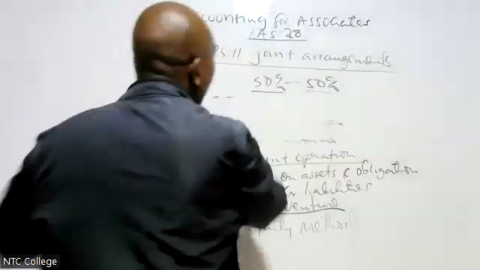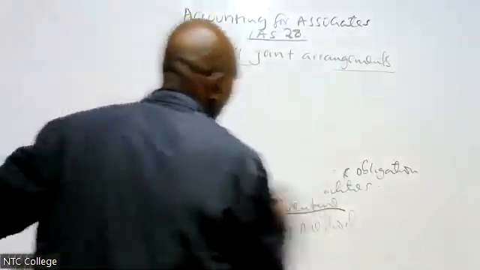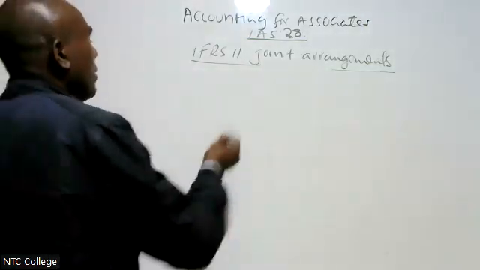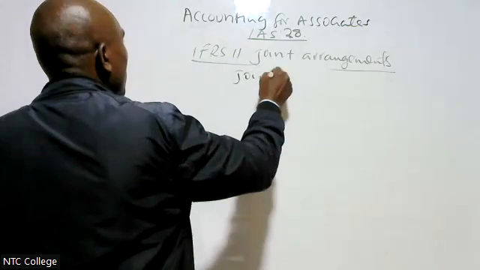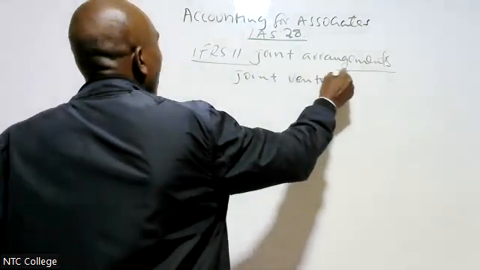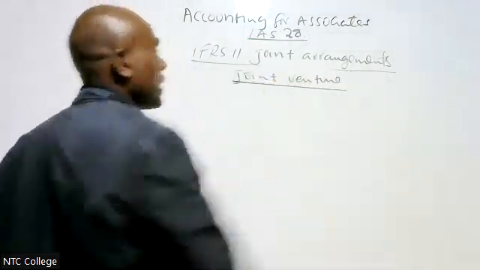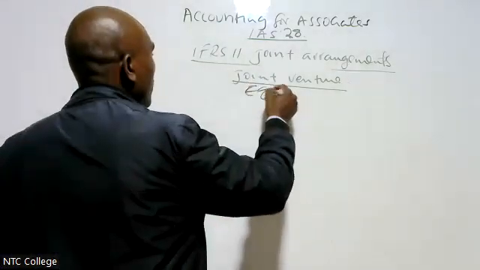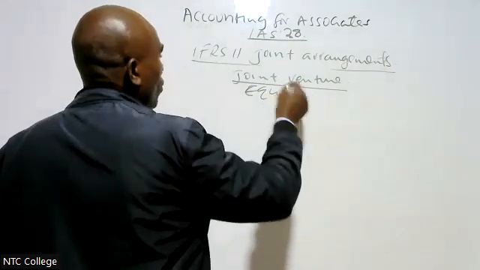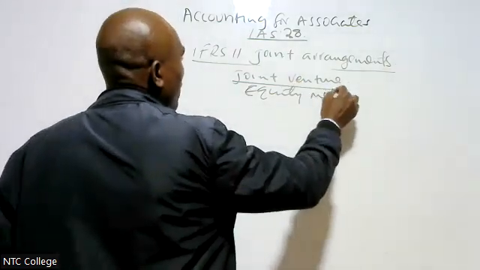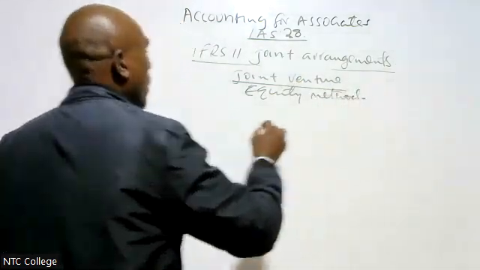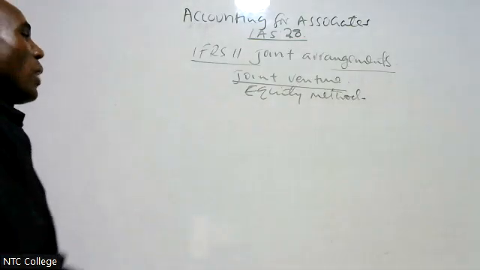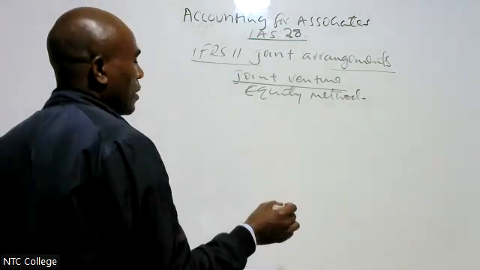Therefore, let's see how we account for joint venture. We said that we are going to account for it using the equity method, the same equity method used in IAS 28, whereby we recognize the joint venture at cost. What is the cost? Cost of investment.